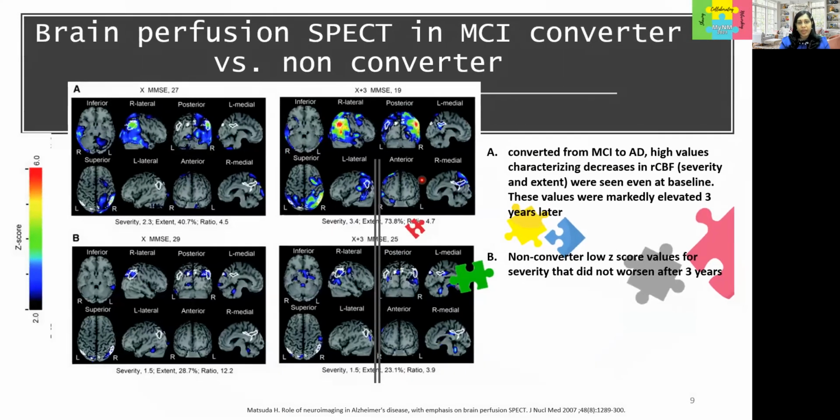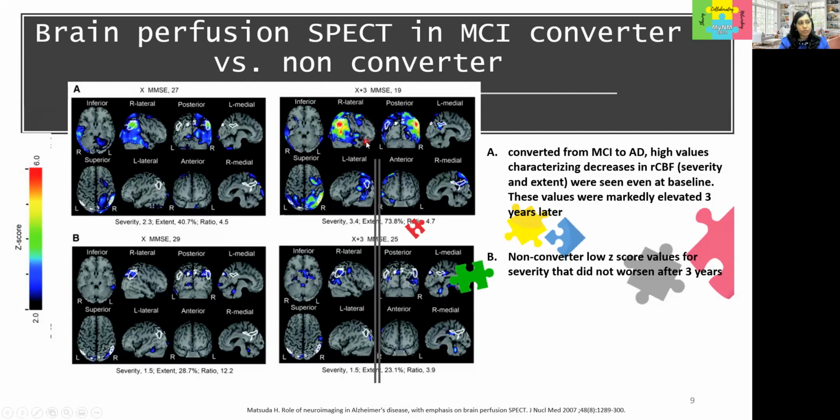Brain perfusion SPECT can be used to evaluate MCI patients who are potential converters or non-converters to AD. In this particular image, patient A has marked reduced cerebral perfusion, therefore demonstrating high Z-score values, characterizing decreased regional cerebral blood flow, as you can see, involving the temporal and parietal regions.